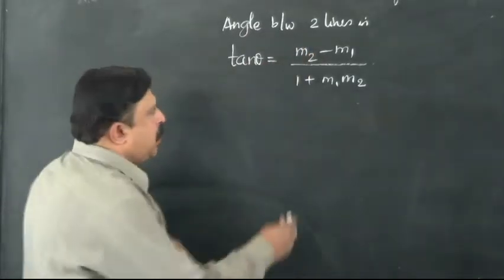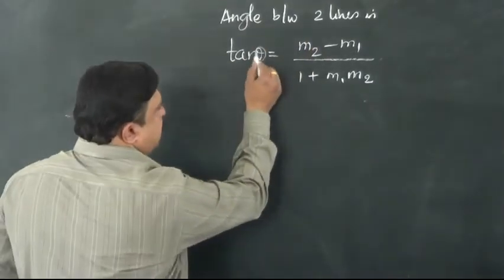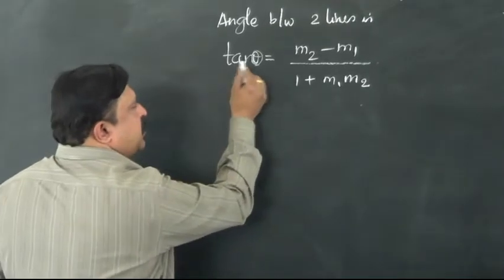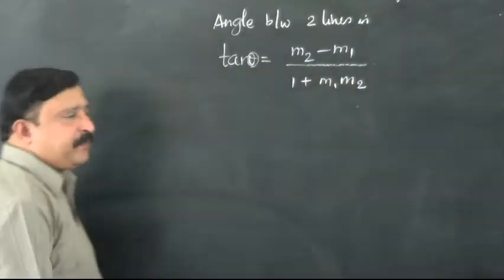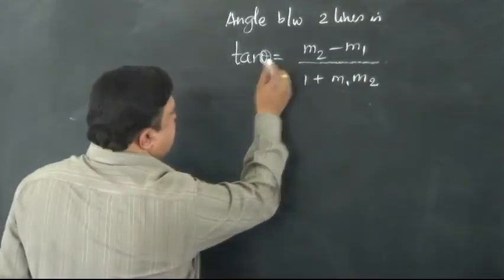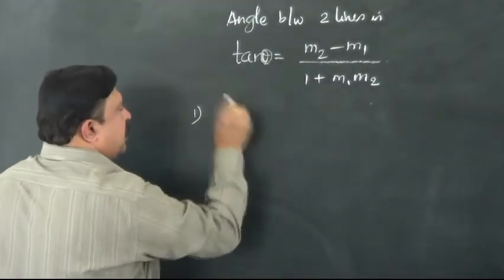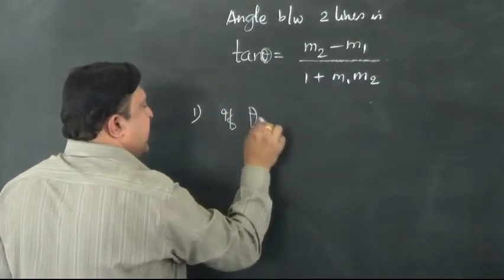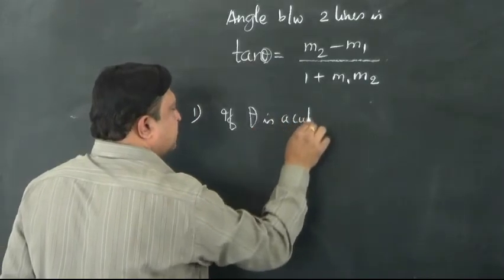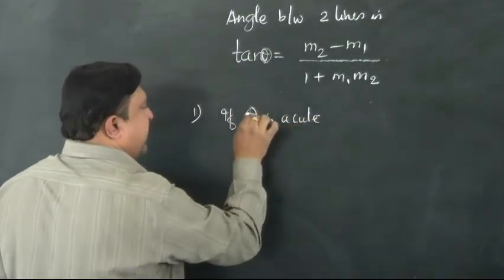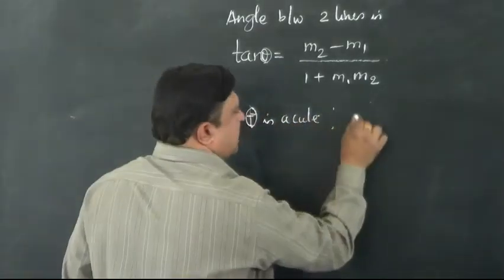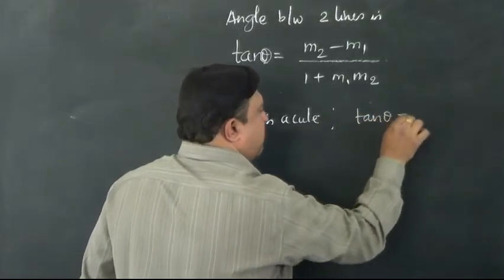You should know that you don't get the angle theta straight away. You get the tangent of the angle between the two lines. If this angle is to be acute, if theta is acute, then tan theta should be positive.